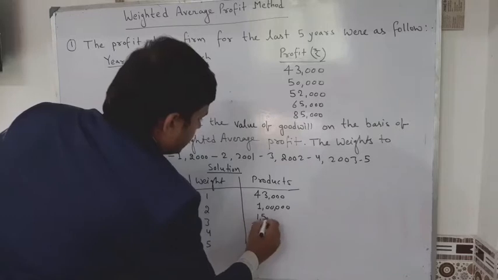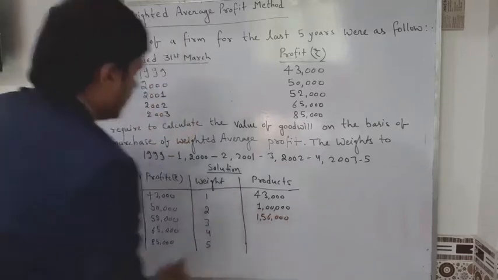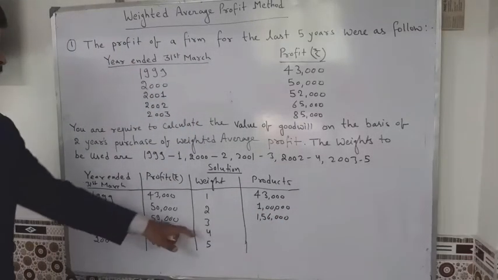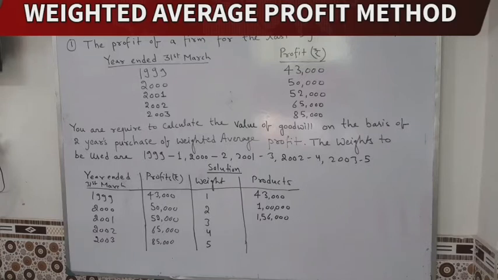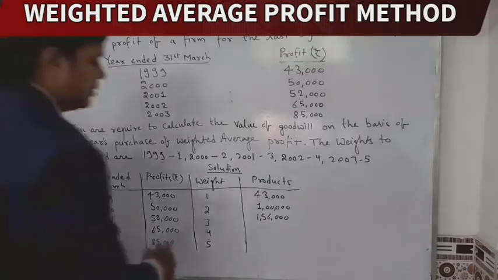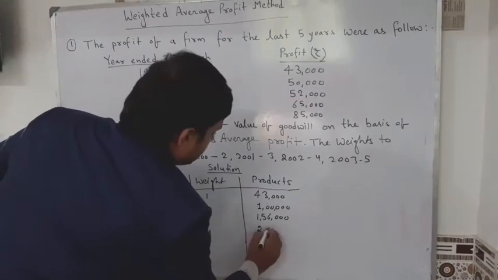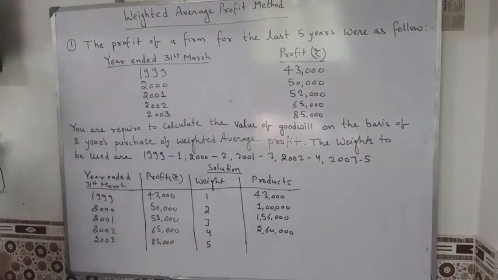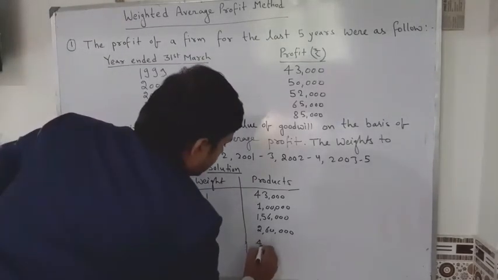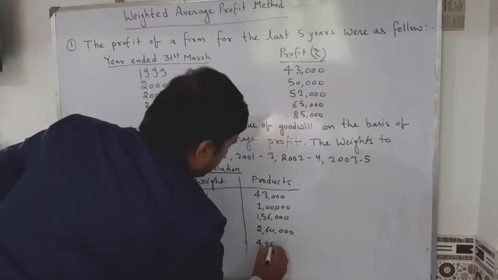Then 65,000 into 4 is 2,60,000. Next, 85,000 into 5 is 4,25,000.